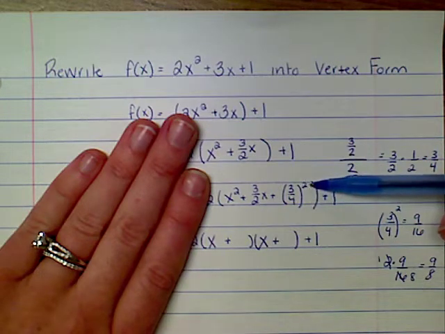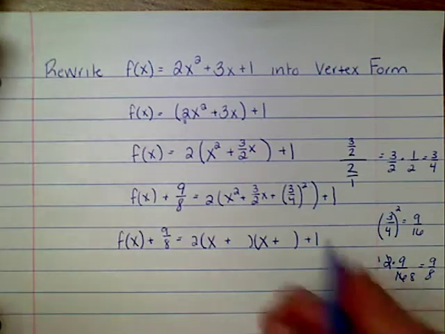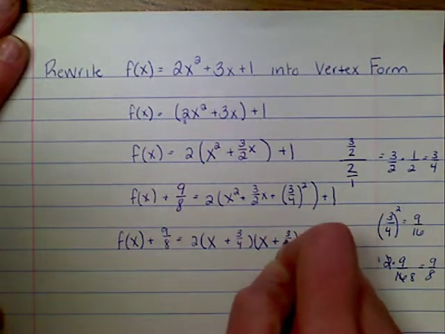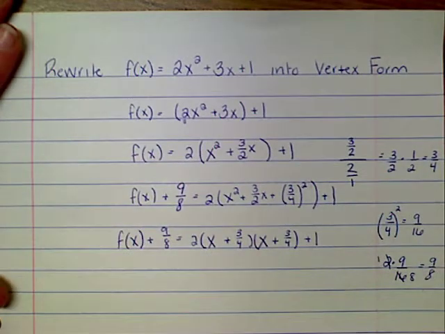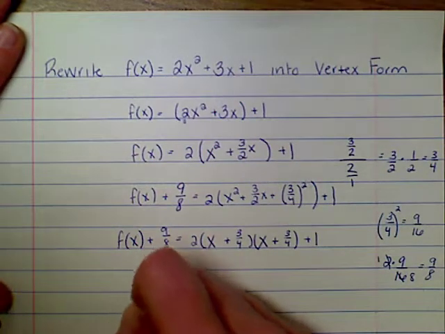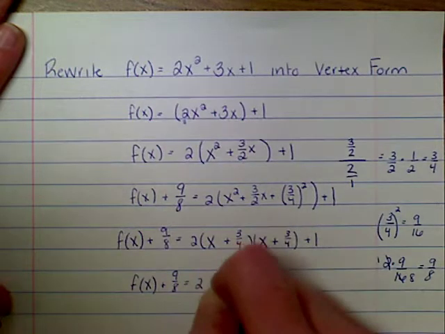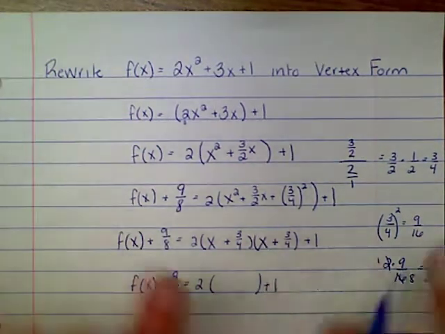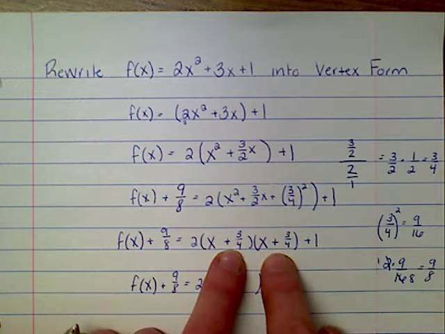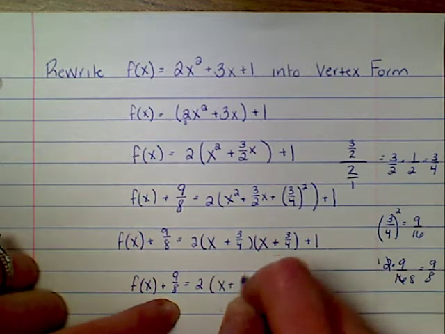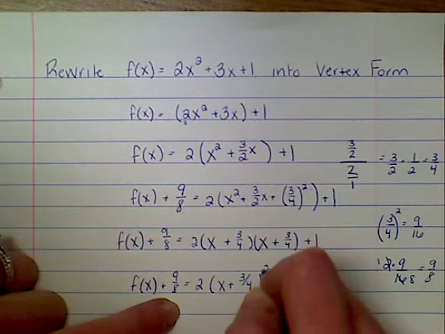Well, the very nature of squaring something means you're multiplying it by itself. So we have a 3 over 4 and a 3 over 4, which means we actually have the same factor twice. And if you have done this correctly, these two factors should be identical every time. And so that means we have that factor squared.